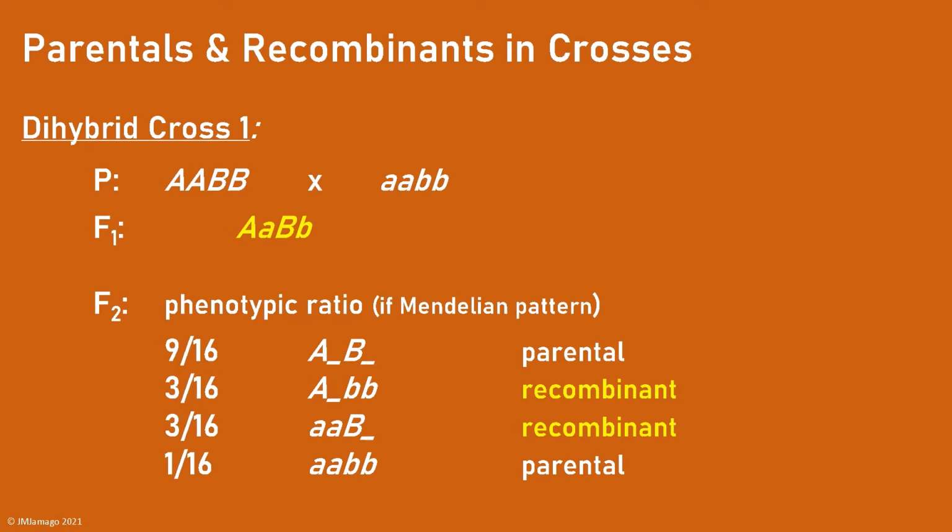So, majority of the F2 population, 9/16, that's more than 50%, would show us the phenotypes for the dominant A and the dominant B genes. Okay? So, you already know what the bar means, no? A 9/16 is a combination of the homozygous dominant for A and B and heterozygous dominant for A and B.